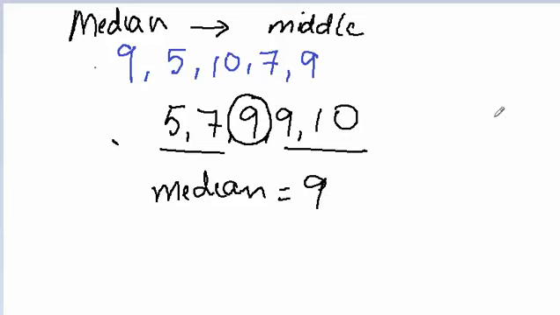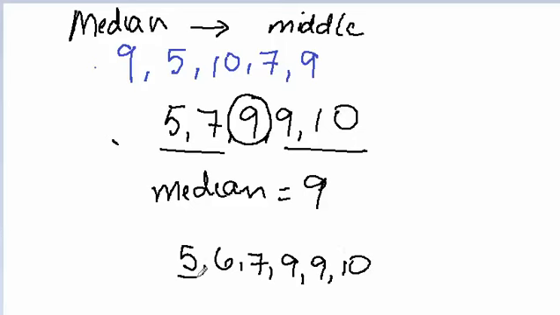Pretty straightforward when you have an odd number of numbers, like you have here, 5 numbers. If you had 6 numbers, let's say you had 5, another student got a 6, 7, 9, 9, and a 10. You have 6 numbers here. You have 3 numbers to the left, and you have 3 numbers to the right. There's no one number just sitting right in the middle.